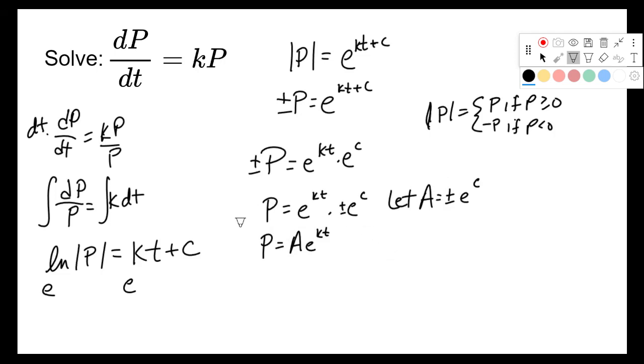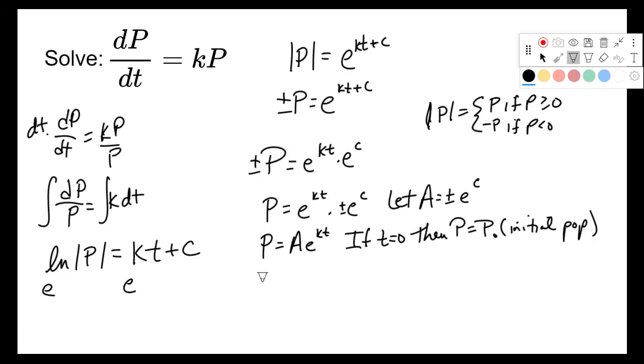So this is the correct solution, but now I'm going to take it one step further. If t equals 0, then P is really the initial population, right? Because it's the population at time 0. So if I let t equals 0, then P is really the initial population P naught.